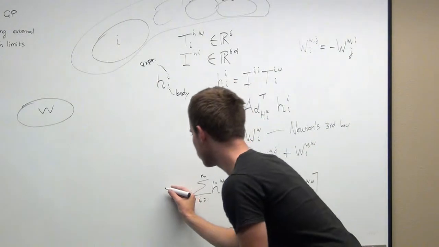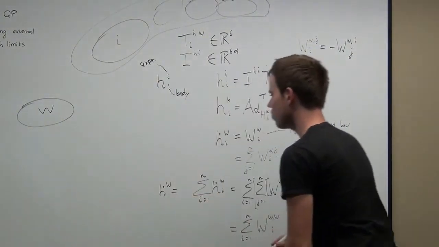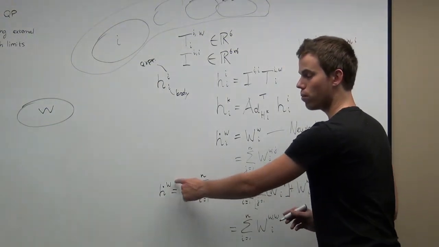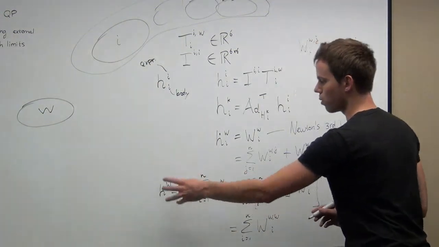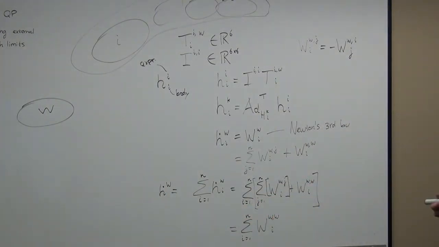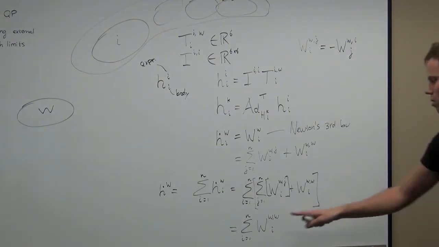Because you could write this as h dot W. So this is the rate of change of momentum expressed in world frame of the whole robot, which is just the sum of all of the momenta of all of its parts. We shouldn't be surprised by that. No, we should not. So that's really nice. That's a really cool property.